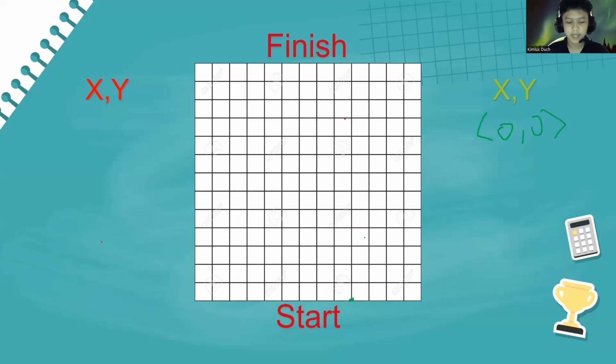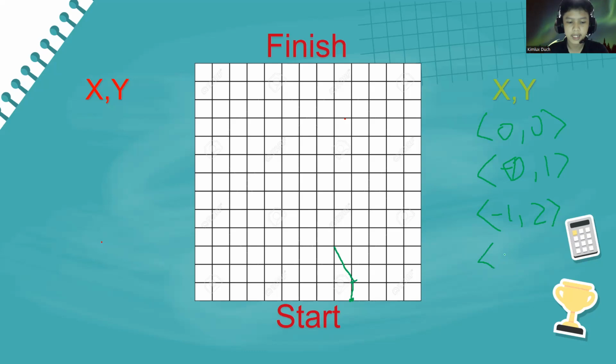So let's say I'm making my move by -1. No, 0 and 1. See, I'm moving here. And my next move is -1, 2.